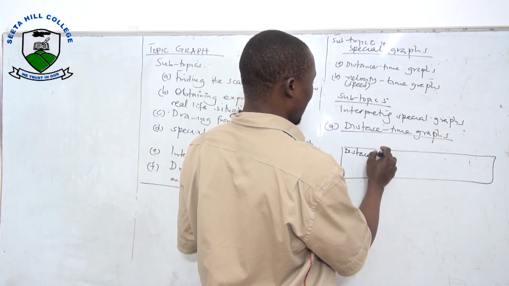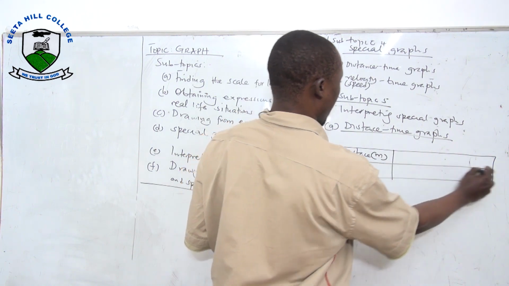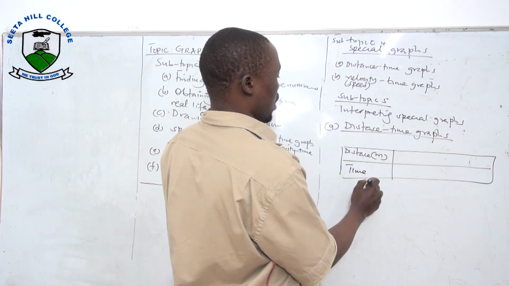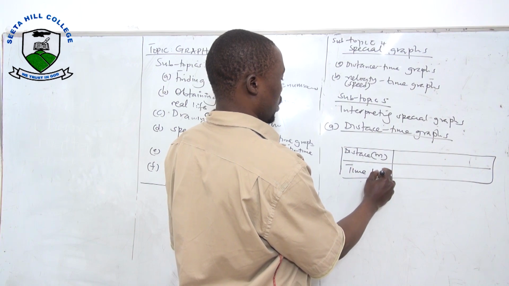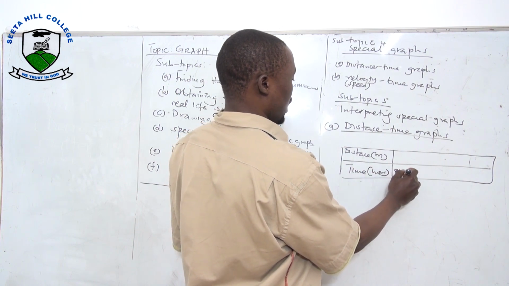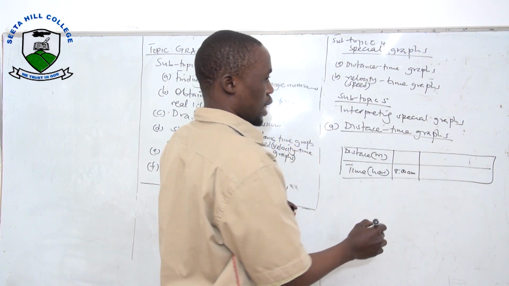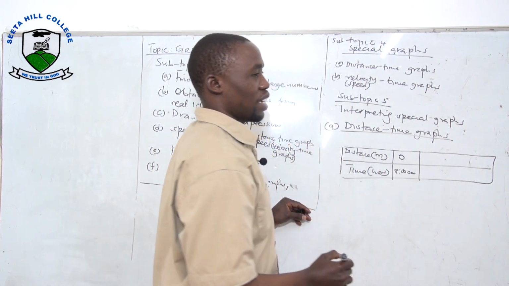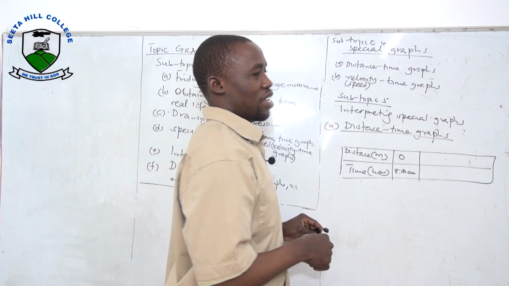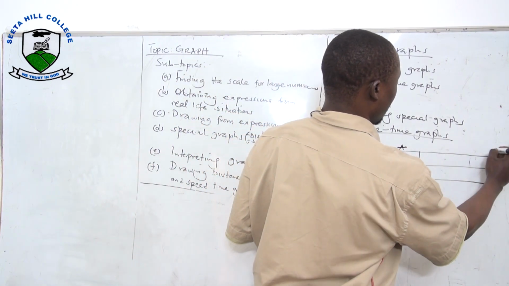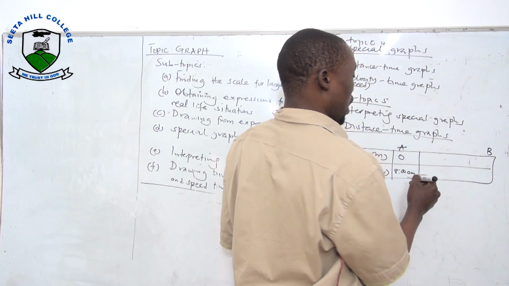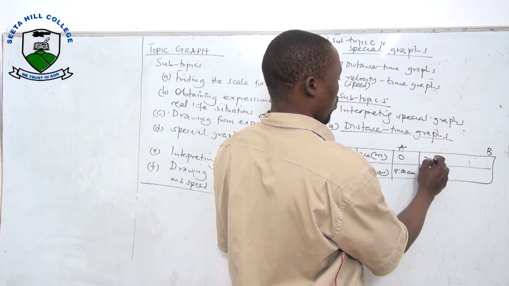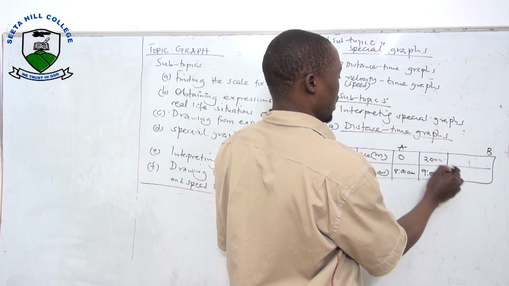Okay. Distance we are using for us in meters. We are just walking some short distance to home. This is time in hours. Now at 8 a.m. we are just at the starting point here, point A. Now we are walking to point called point B. Now after 1 hour, that will be 9 a.m., we have walked 20 meters.